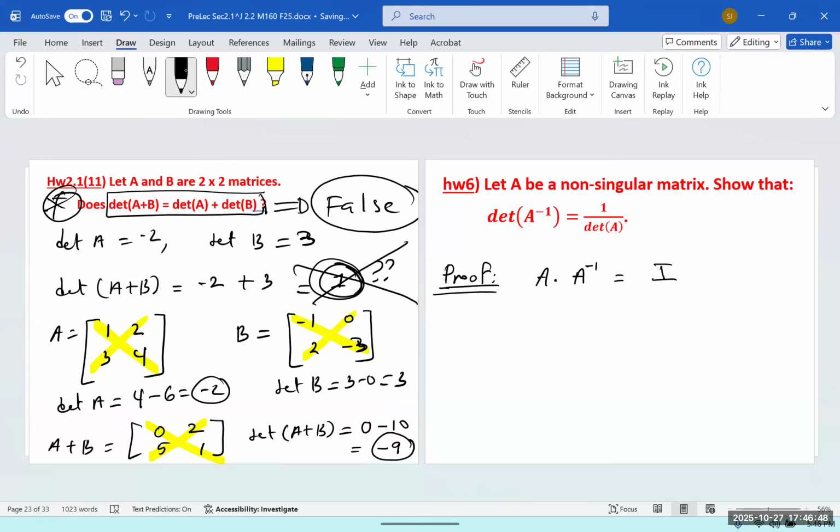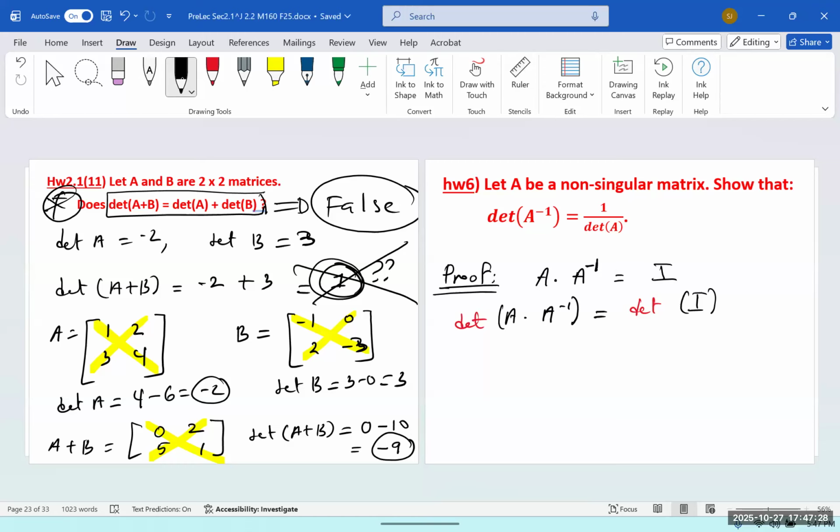So we are going to start from here. A times A inverse is identity. And now what can we do? Still no idea? Okay. What if we apply the determinant on both sides? Determinant of A times A inverse, determinant of I. How about now? Any idea?